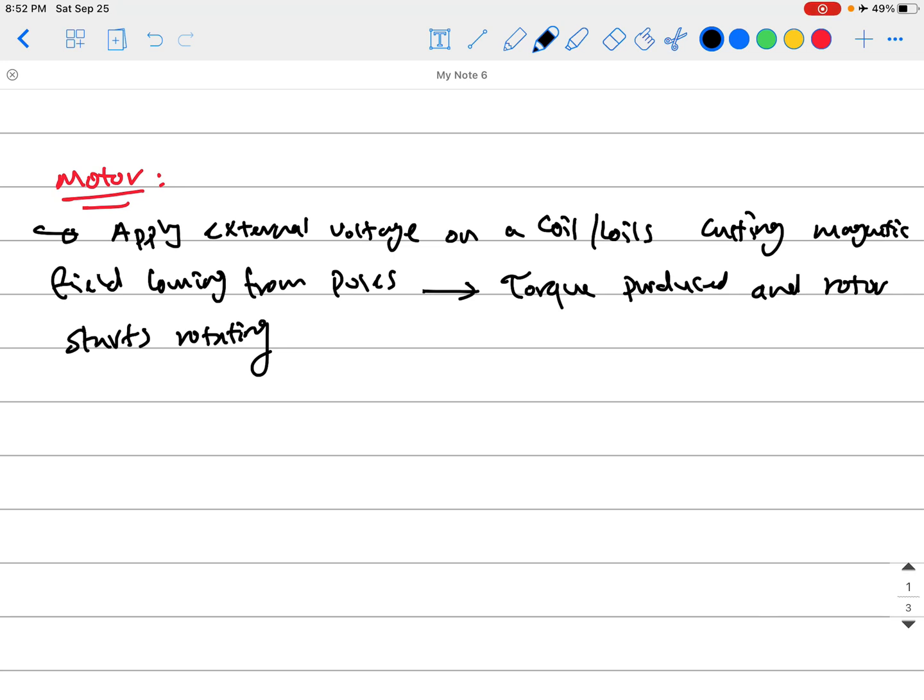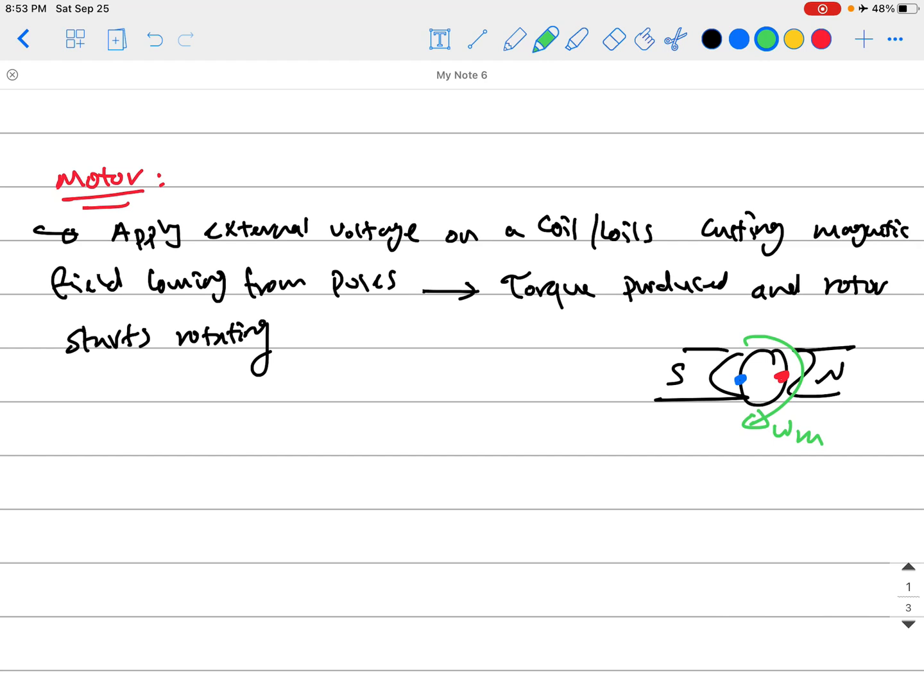But looking at this condition, now the motor starts rotating. You have north and south poles, and a rotor inside that has coil sides. For this, just one coil, we have two coil sides like this. The whole point is, once you have torque production, this rotor will start rotating in whatever direction.